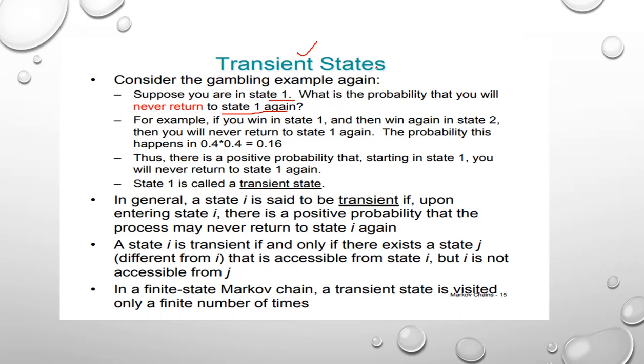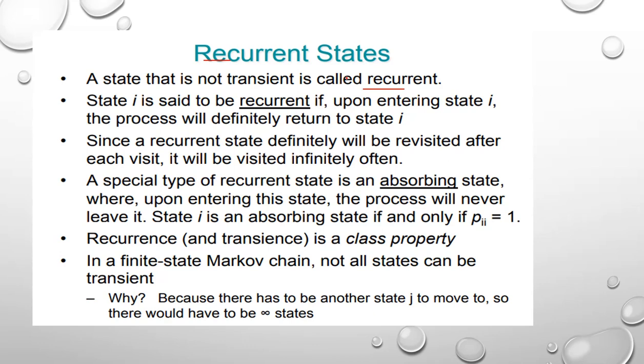When you calculate capital F_i, if it is not equal to 1, that time we say it is transient. When it is equal to 1, it is recurrent or persistent. State i is said to be recurrent if upon entering state i, the process will definitely return to the same state i.